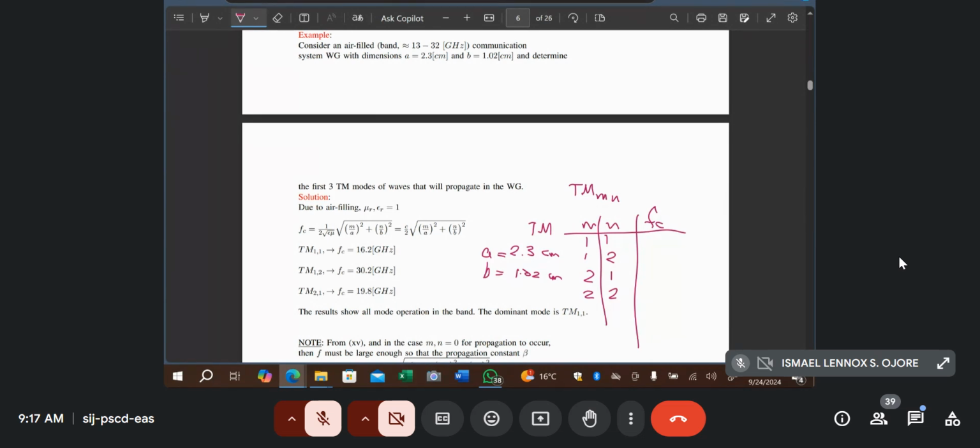Okay, 32.2. So this one will fall outside. So you're saying this is 32.2 gigahertz. So can you comment on the mode of operation of the band? In the band, these are the cutoffs.